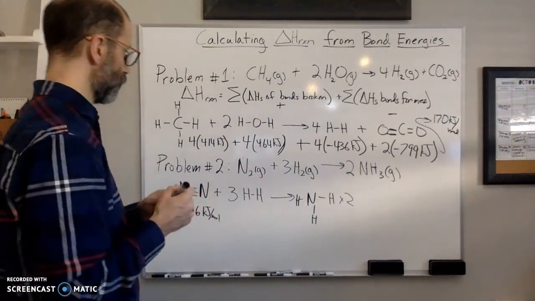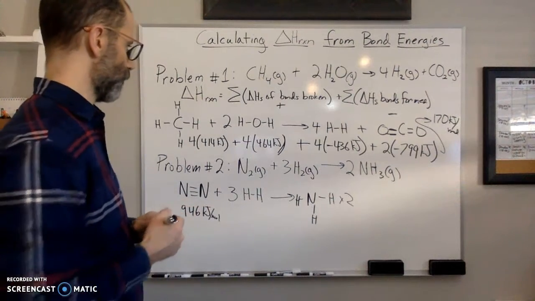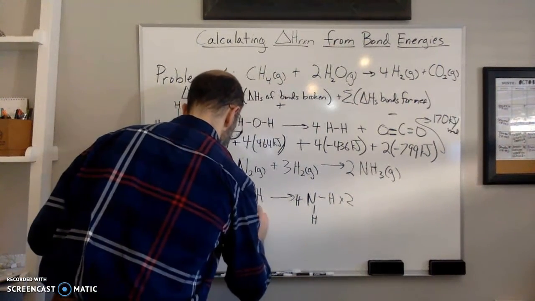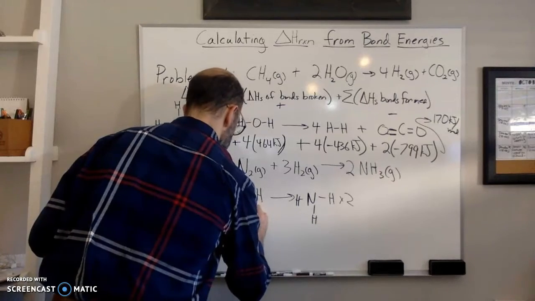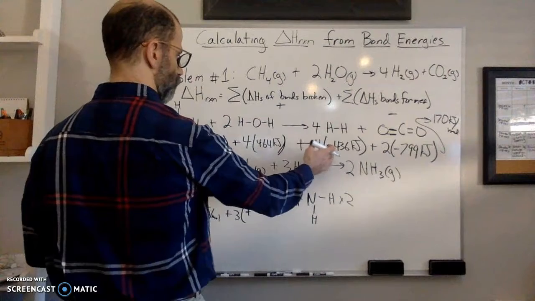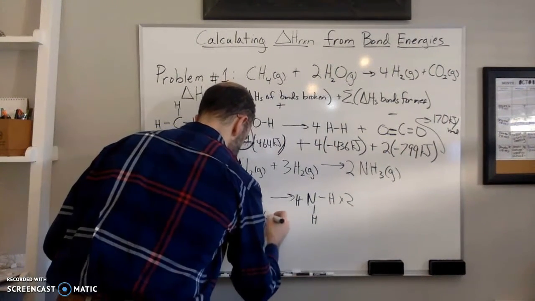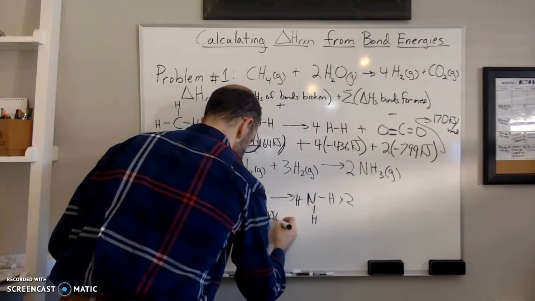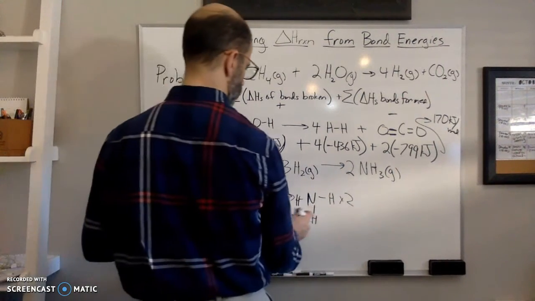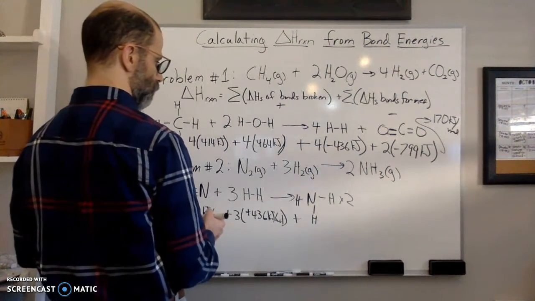Here we have hydrogen again, same as before. That was negative 436. Here it's going to be plus 3 times positive 436 kilojoules per mole. It's positive this time because we're breaking the bond; before it was negative because we were forming the bond. Then we add to that the bonds formed.